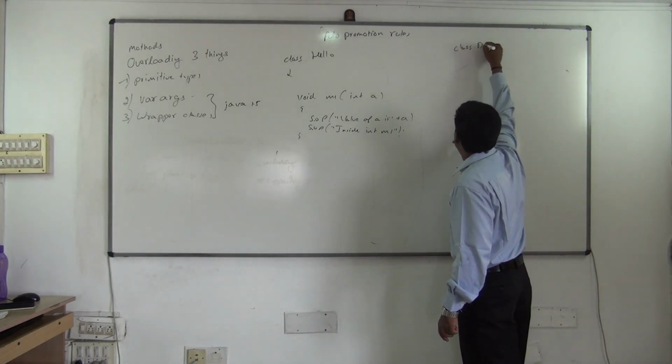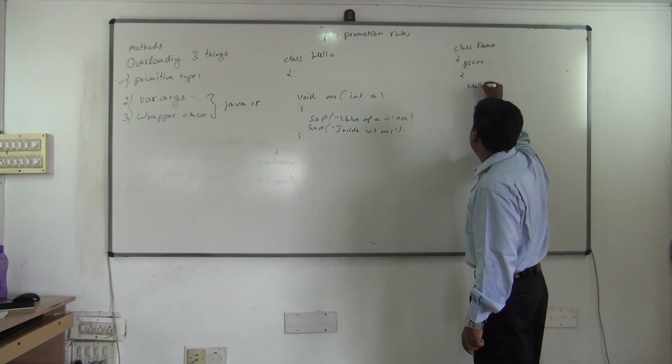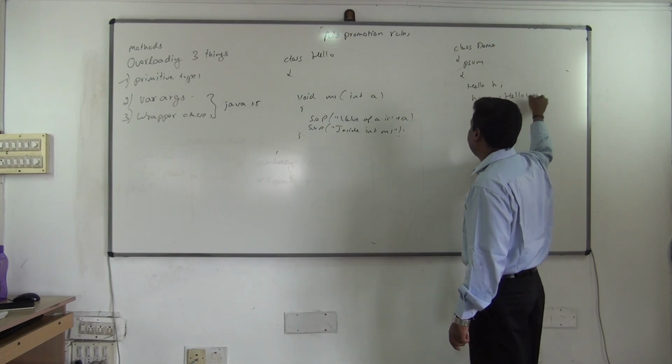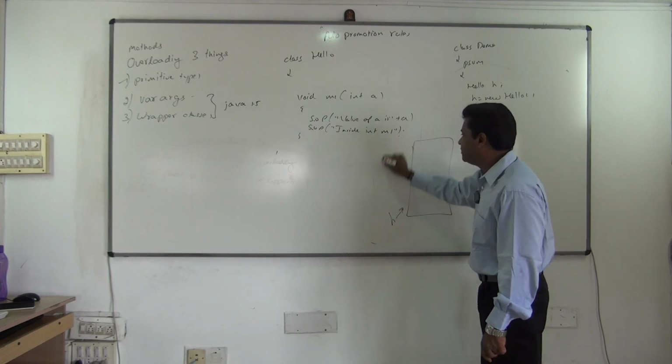So class demo, public static void main. See this, hello h is equal to new hello, an object gets created. When the object gets created, what is the object going to have now? One new memory gets allocated.